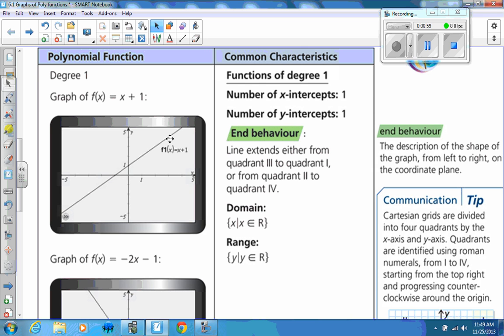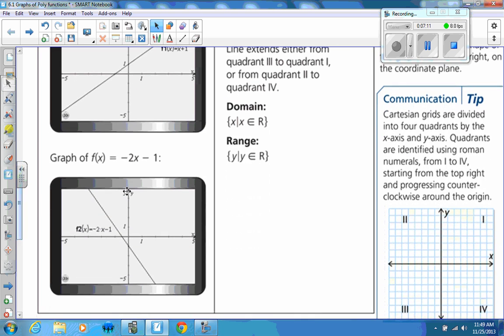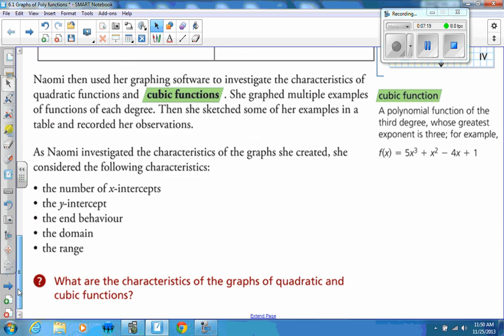So for example, the end behavior of this one starts in quadrant 3 and extends all the way to quadrant 1. And this is a linear function because x has a power of 1. Okay, for example, this one, x is to the power of 1 as well, and you go from quadrant 2 down to quadrant 4.